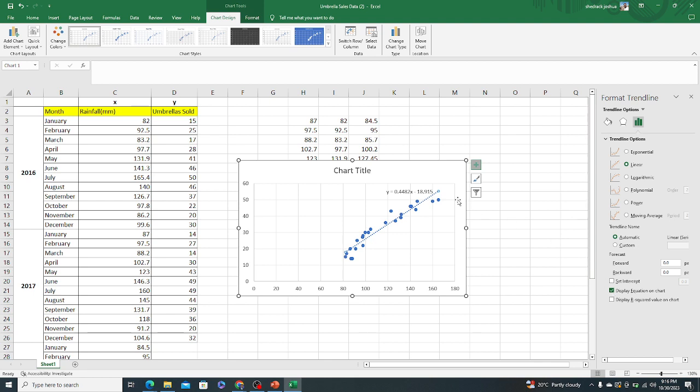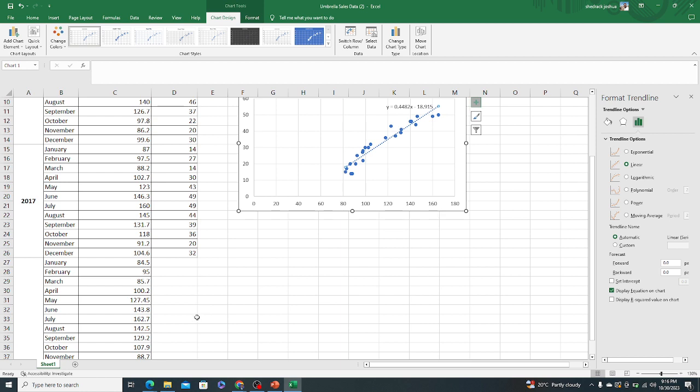Okay, so let's assume this is our regression model, okay? Which we will now use here to predict maybe the umbrella sales. Given that we are assuming the amount of rainfall will maybe pick the same trend, okay?